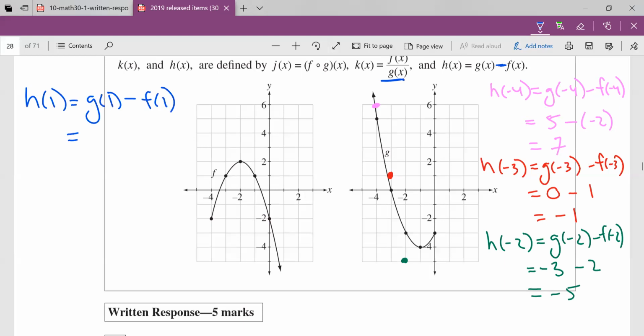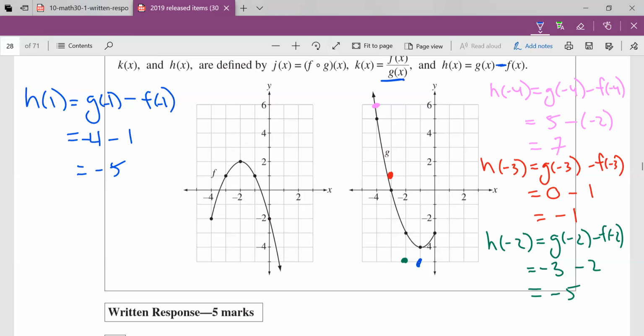My apologies. That's 1 minus 4. I'm reading this incorrectly here, aren't I? G at -1 is -4. Now this cold is catching up to me, friends. That's -5. So now we're at the point -1, -5.